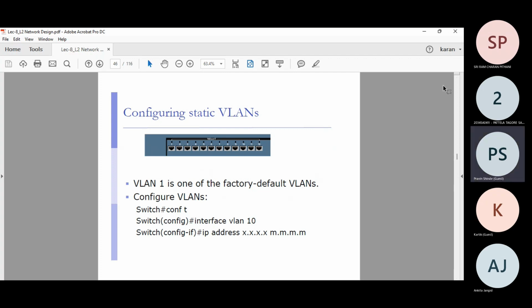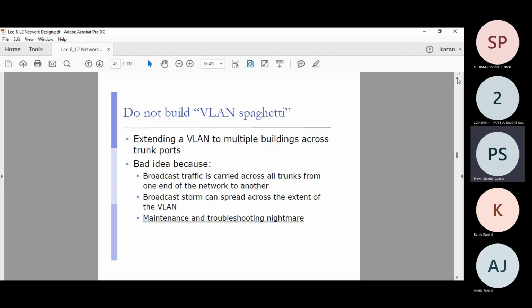Okay, so the configuration is done before. So Karthik, Shriram, Tagore, any issues about this network design? How to implement a network design with VLANs? Any issues, any doubts? Please ask.